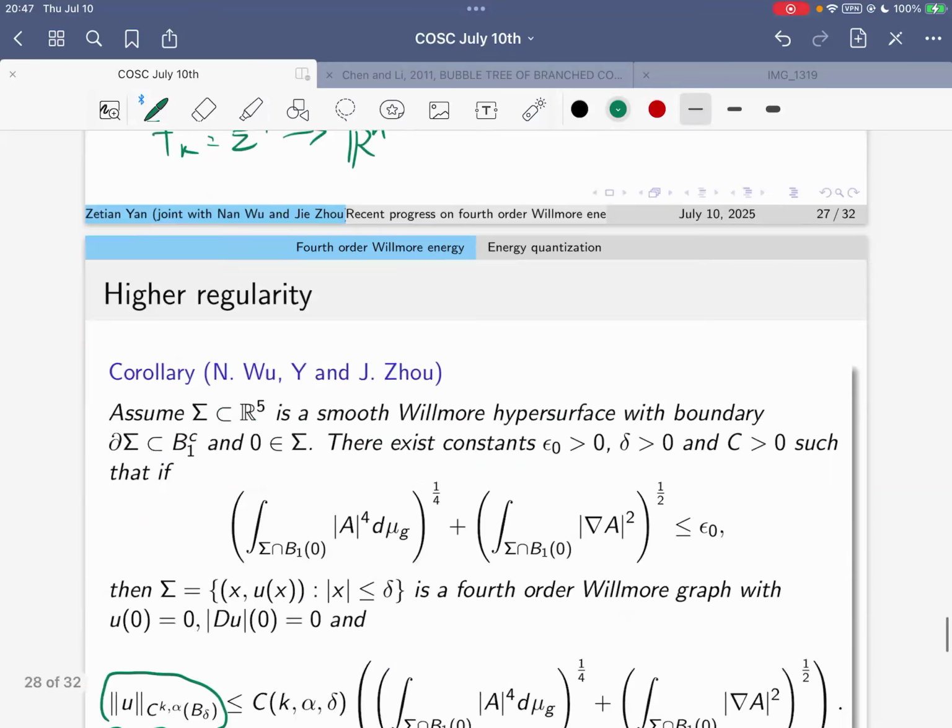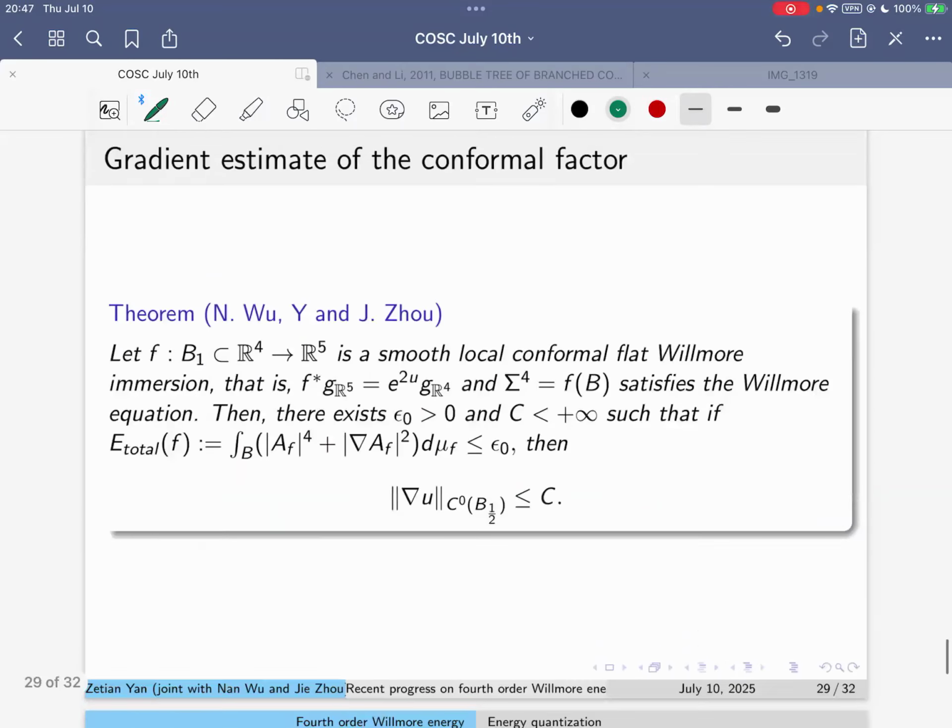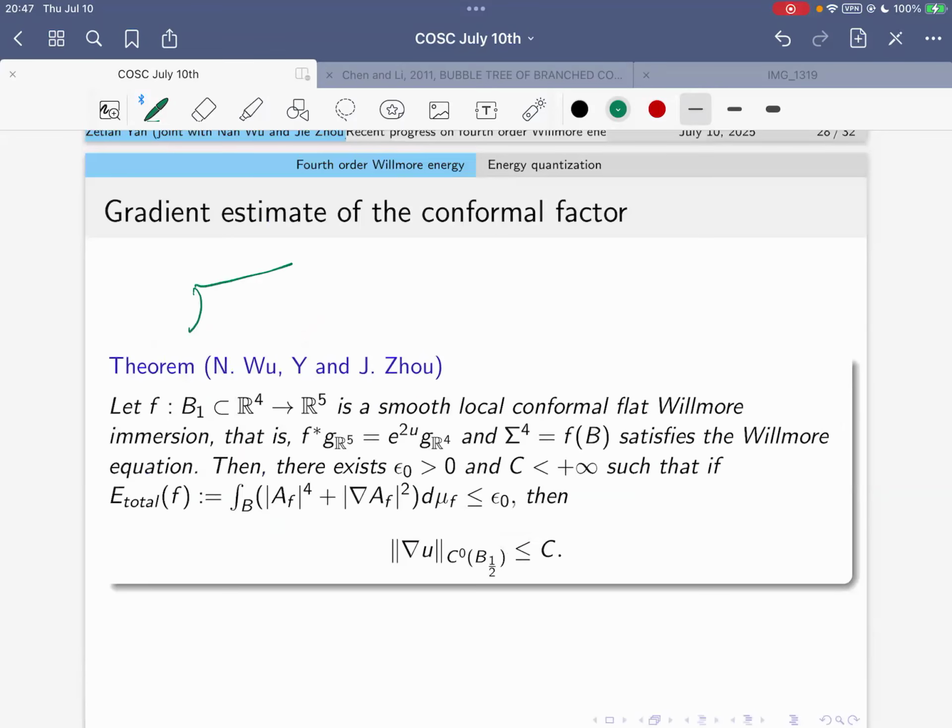So in other words, if you have a sequence of embeddings from a fixed surface, and if you choose an intrinsic ball here, we would like to compare the size of this intrinsic ball and this extrinsic ball, such that you can see that for this sequence of embeddings, we can apply the previous theorem, right?